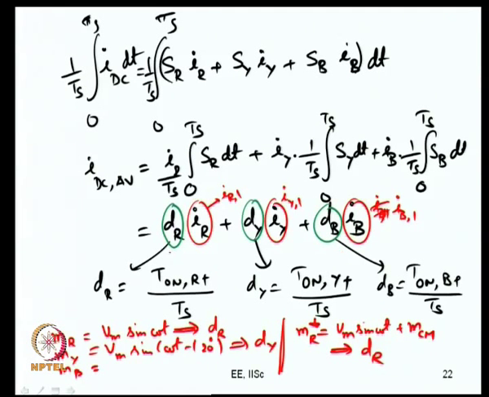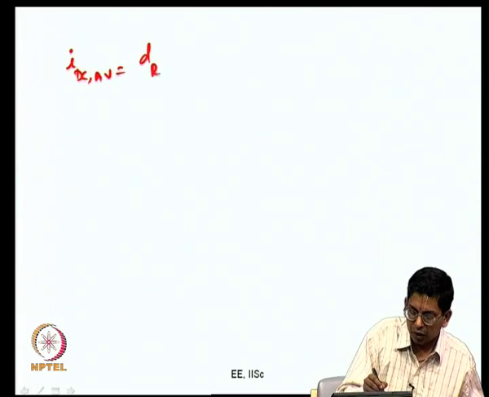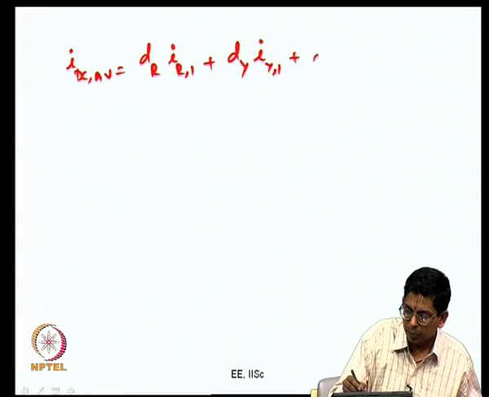You can write this as a sinusoidal function, Y as this and B as the other one, and from there you can come to this whole point, that is, you can write this as some functions. Let me just write it down. IDC average equals dr IR1 plus dy IY1 plus dB IB1.